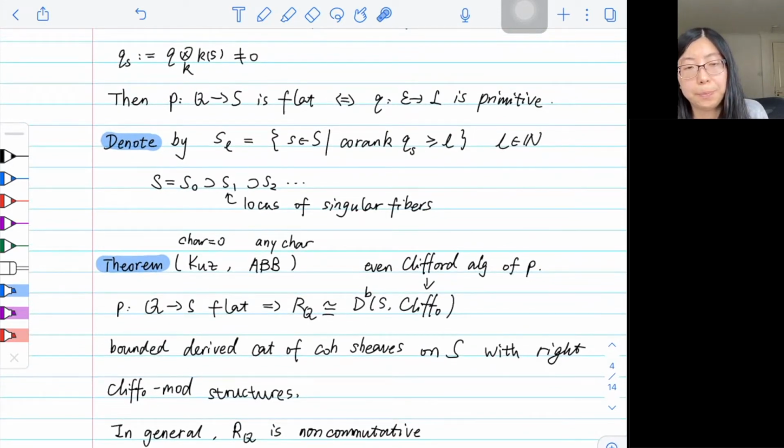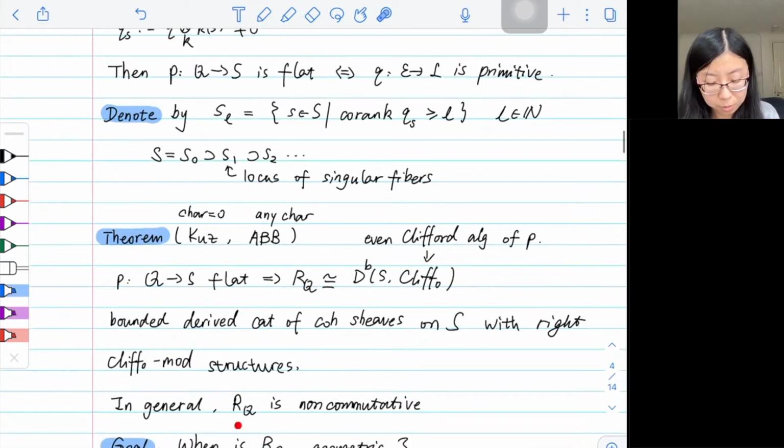Here, the thing is, usually, especially when you have very singular fibers in this family, this Clifford algebra, even Clifford algebra, will be complicated. And then this category would be non-commutative, which means it's not equivalent to the derived category of some scheme.